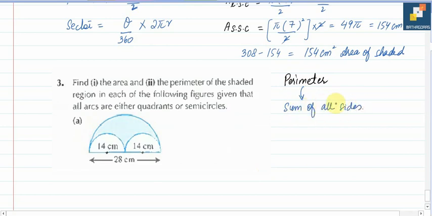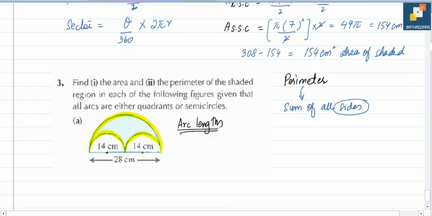But the next question is, which sides? The sides of the shaded portion. Now if I highlight the shaded portion boundaries, there are basically 3 boundaries of the shaded portion, right? And these 3 are basically the arc lengths of semicircles. So you need to find the arc length of the semicircles.